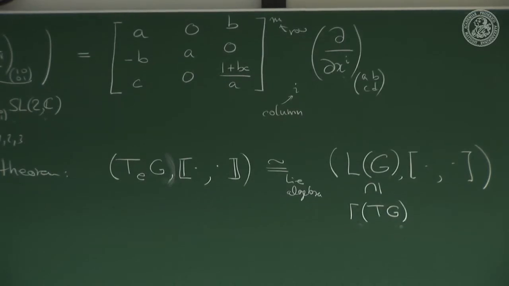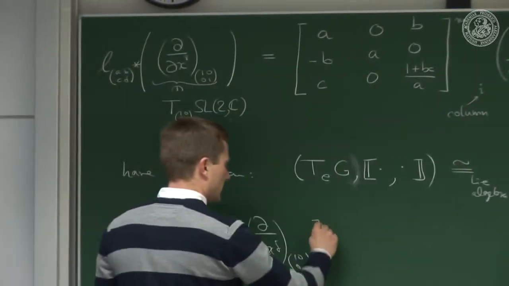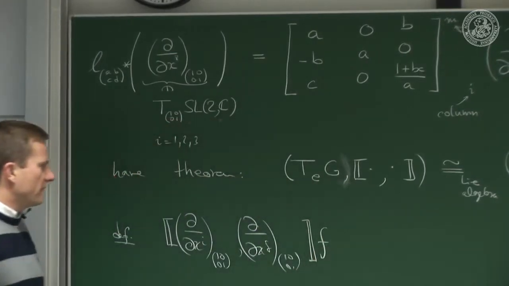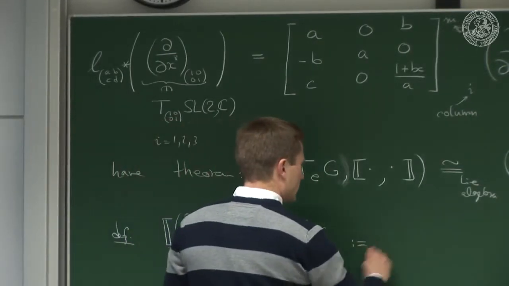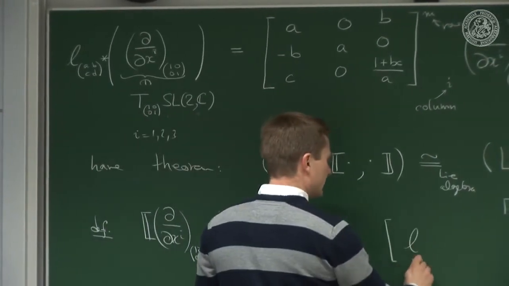And so, of course, how that works in this context is that we define the bracket here, d by dxi, which is supposed to be a vector at the identity, and d by dxj, also a vector at the identity, with respect to, say, the first coordinate chart. And we define this bracket by its action on the function to be given by, now here we have the differential geometric Lie bracket.